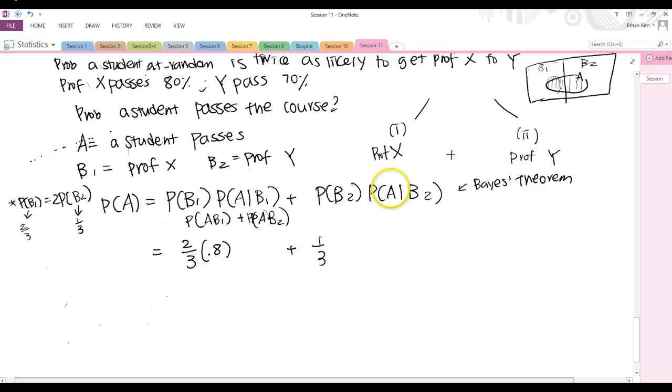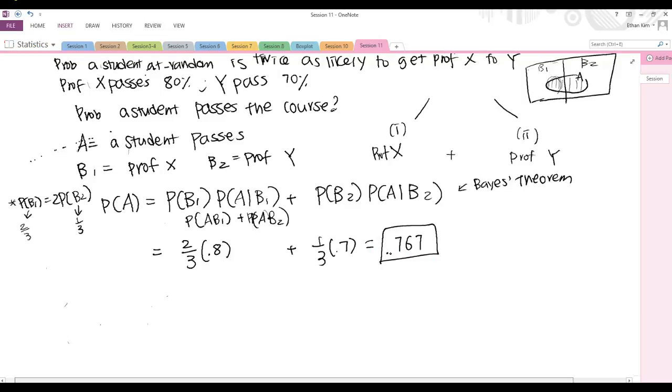And the probability of A given B2, the probability of the student passing given that the student has Professor Y, is 0.7. If you sum this up, you get 0.767. So this is the answer.